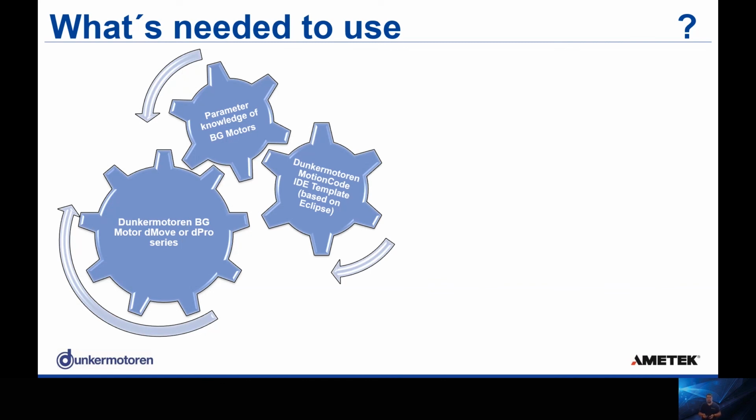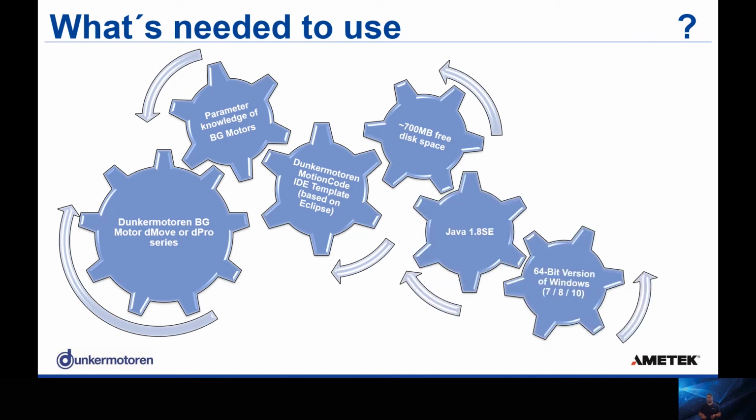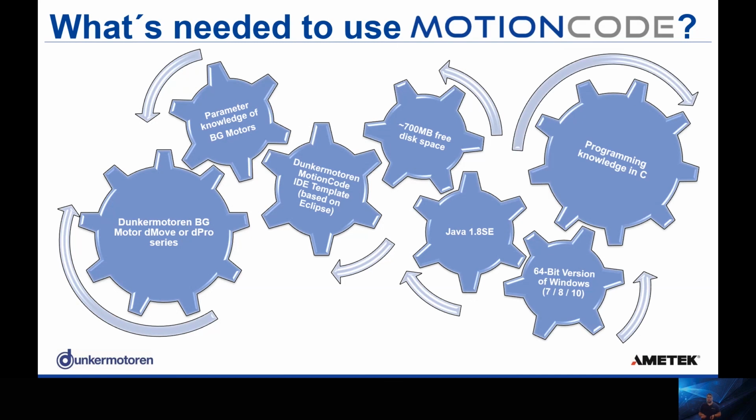Of course, you need a program environment. You need 700 megabyte of disk space, Java, Windows, and some programming knowledge in C. But I think everyone who is programming is nearly able to program in C, or also have a close link to C. And you see, I already mentioned Windows, there are really few requirements needed to start with MotionCode.